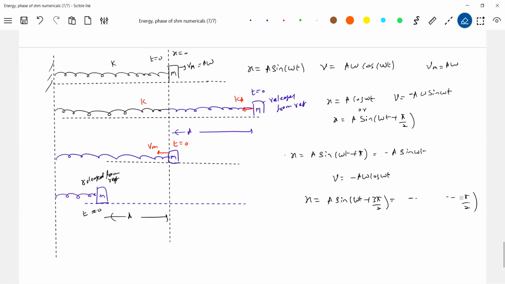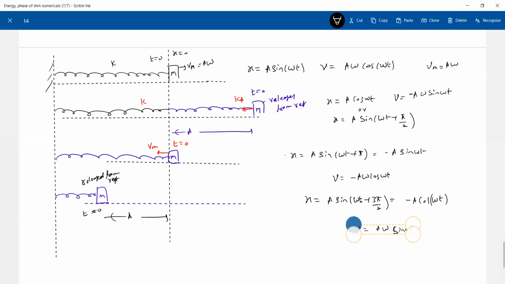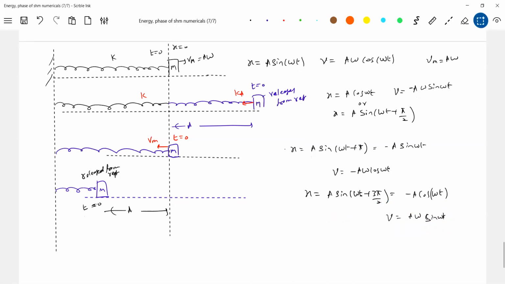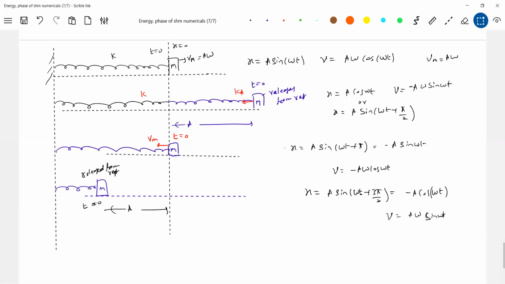Anybody, just help me: what is sine omega t plus 3 pi by 2 in terms of cos? Minus A cos omega t. Okay, I think this will be it. Differentiate this and you'll get the velocity: V equal to A omega sine omega t. This is the expression for velocity. Okay, now a student, so again he'll come back anyway, no? Okay, now look at this one.